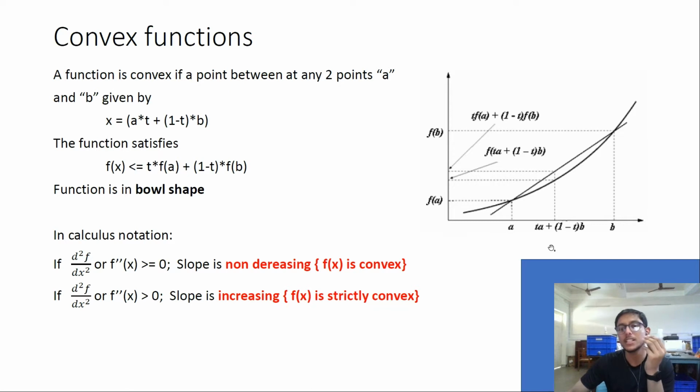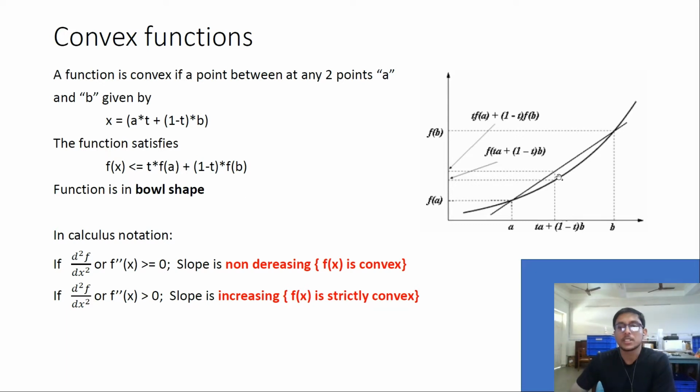A. So t can vary from 0 to 1, so that we can get a point between A and B. It's a general description: if you want to write a point that varies from A to B, you write it in this form and mention that t can vary from 0 to 1.